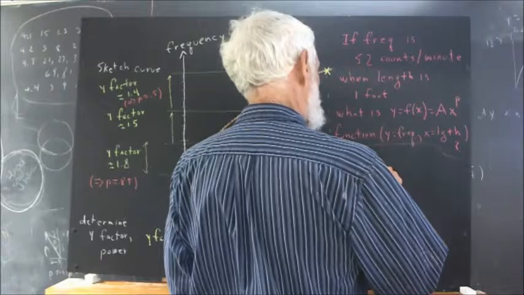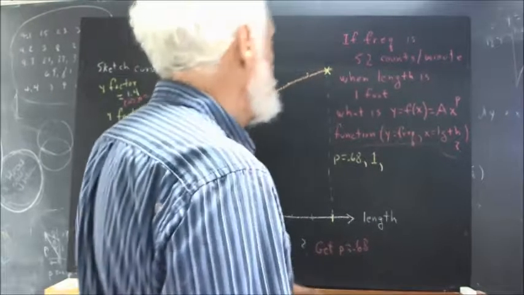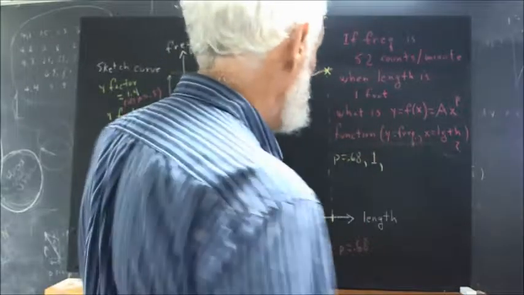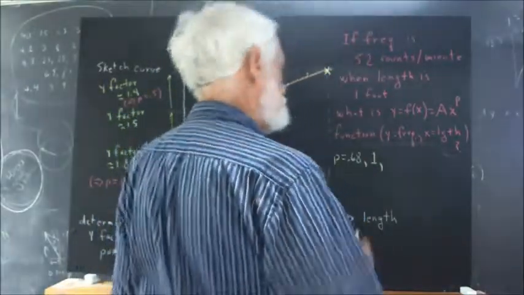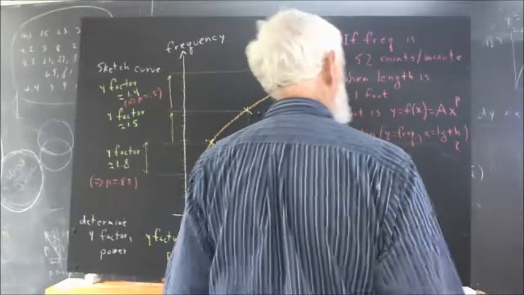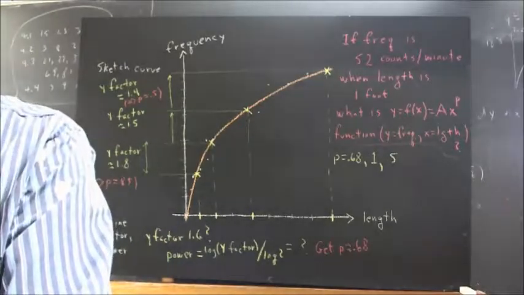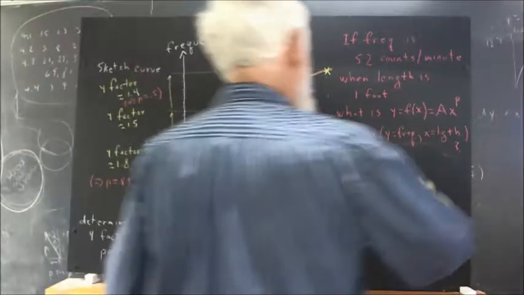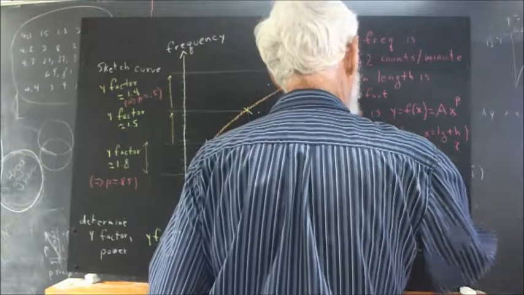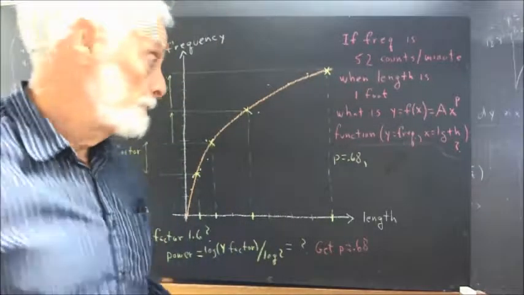We're just going to understand that x is in feet and y is in counts per minute, or cycles per minute if you prefer, which is actually more standard. And I wrote 1 and 52, and I needed to write x equals 1 and y equals 52. So let me see if I can correct that.